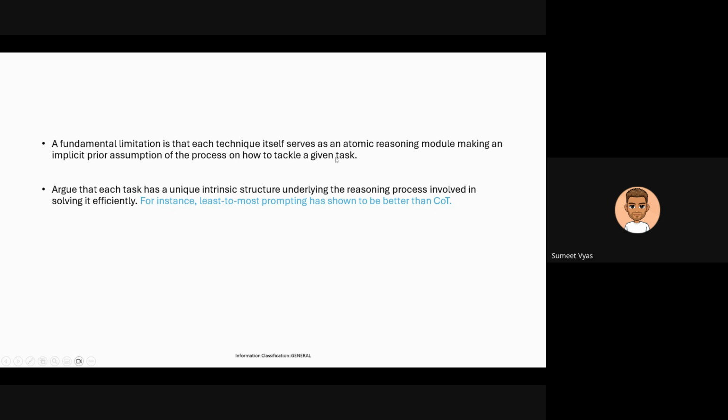So it assumes that whatever atomic reasoning modules are there, these modules will lead to the final answer. If the modules are not enough, or if the understanding is not enough, in that case it might happen that the output, or the performance, might not be exactly what we want here.